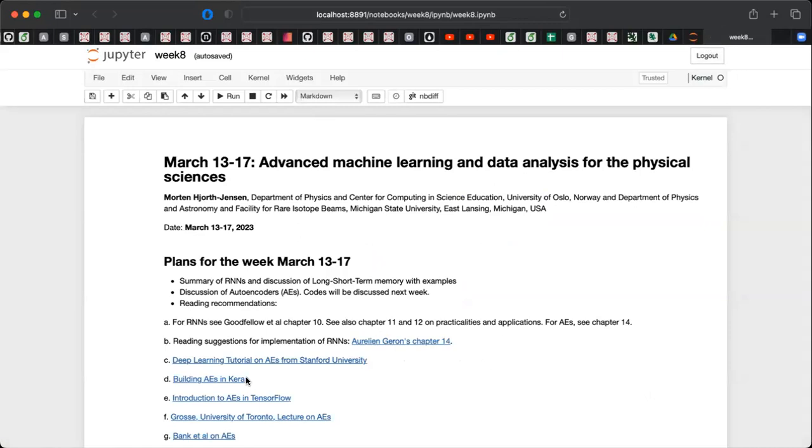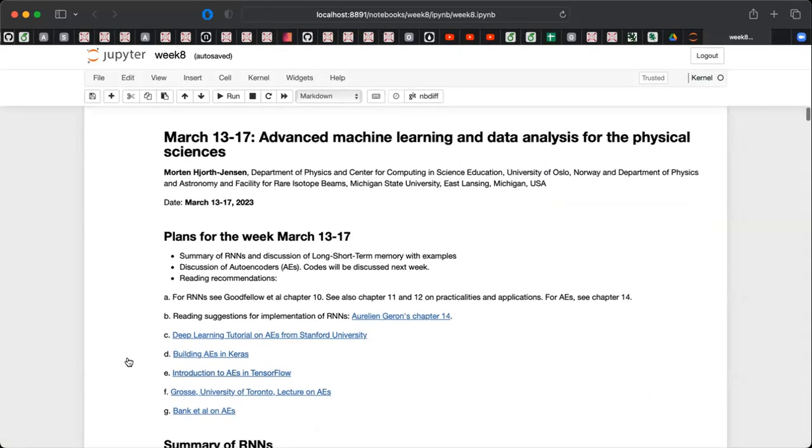And if we look at the topic for this week, I wanted to give you a quick summary of the RNNs, which we discussed last week, and we're also going to look at a little bit more about the details of this long short-term memory, which we only covered hastily last week.